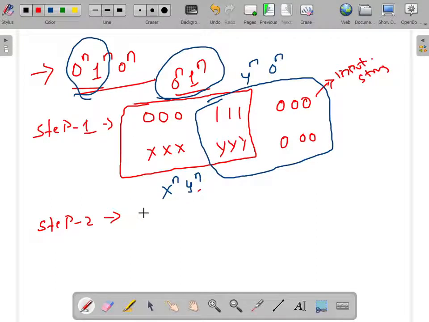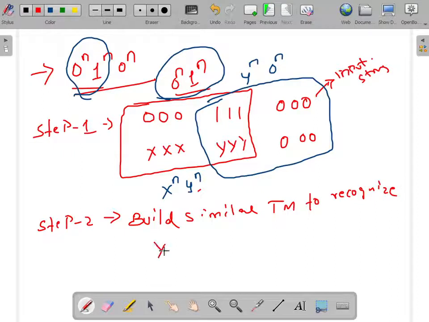Now we need to build a similar Turing machine to recognize y power n and 0 power n.